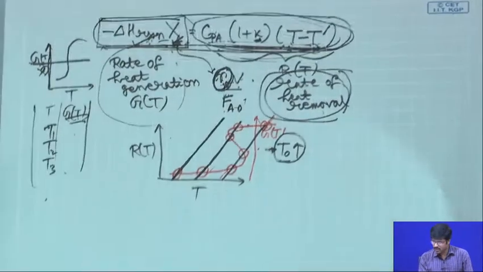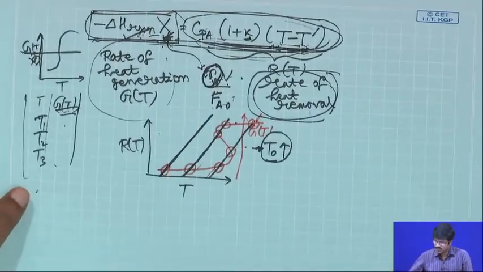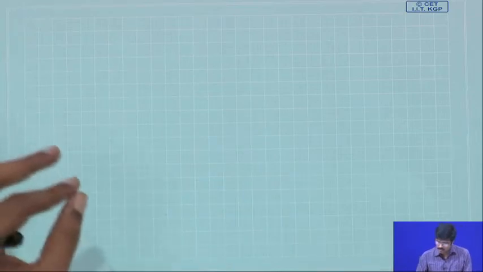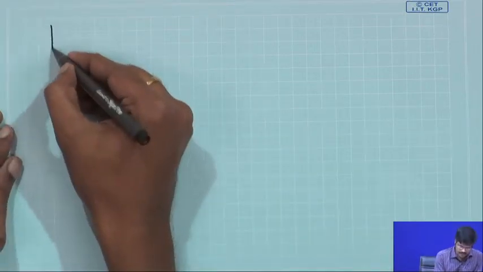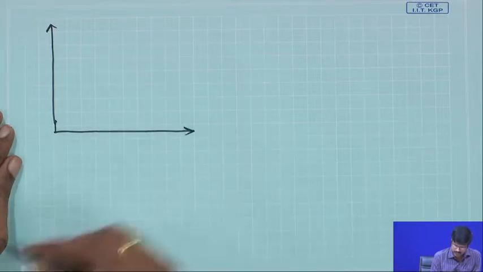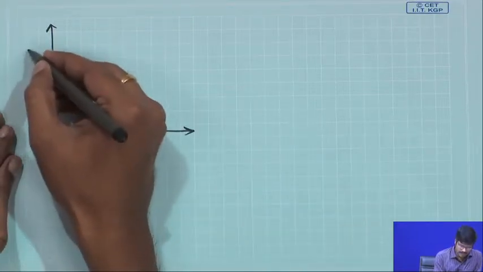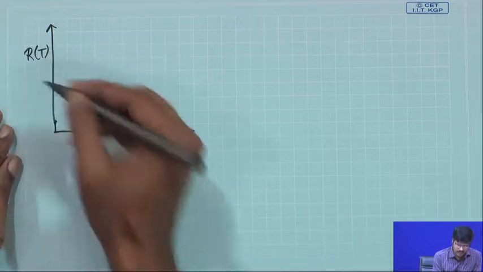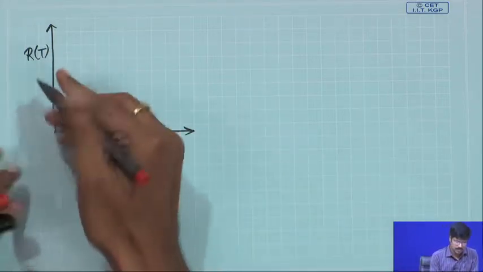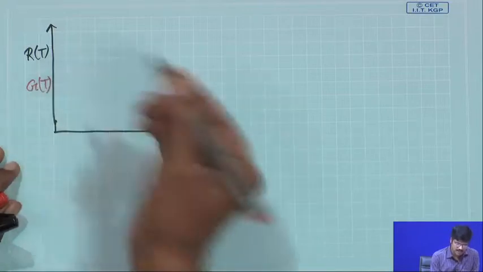Now, let us go into some more detail of this situation. Let us now draw very carefully a graph where I will plot RT in the black and GT in the red.